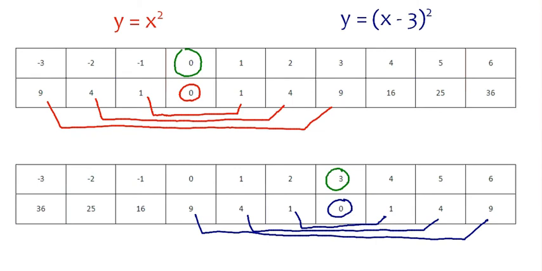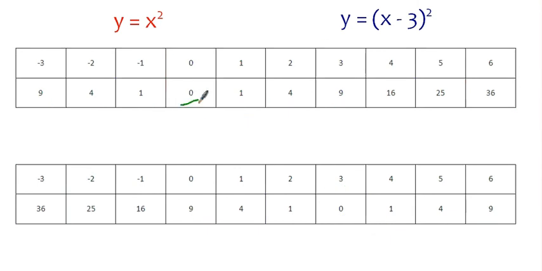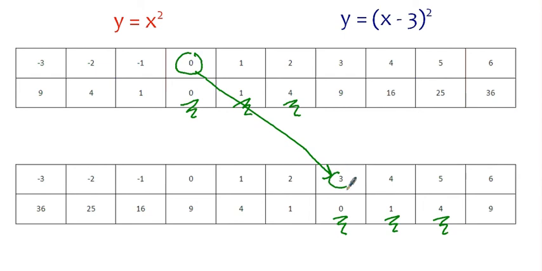Let's go a little further with that. I'll just underline values that are the same in both tables. y is 1, y is 4, and let's compare the x's that produce those same y values. In the top table we have 0, in the bottom table we have 3. In the top table we have 1, in the bottom table we have 4.